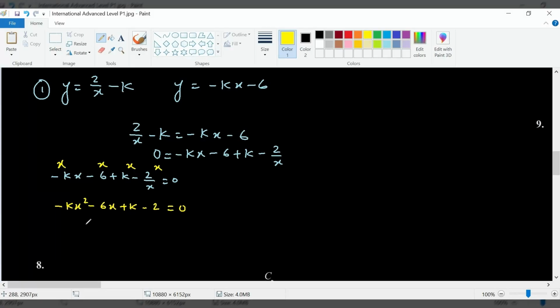If I multiply everything by negative 1, the signs of every term are going to change, so I will get kx squared plus 6x minus k plus 2 equals 0.